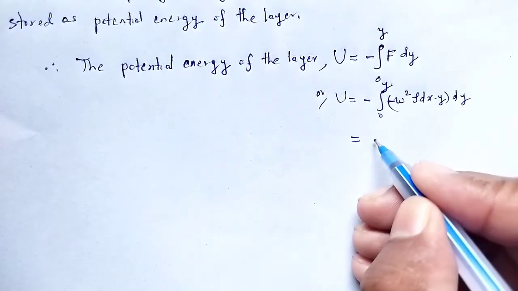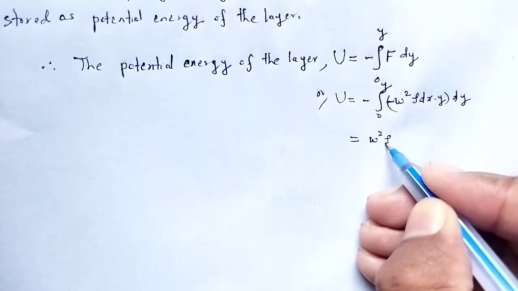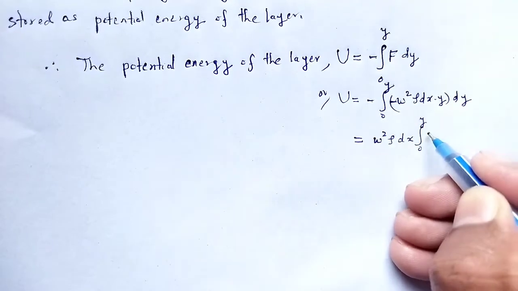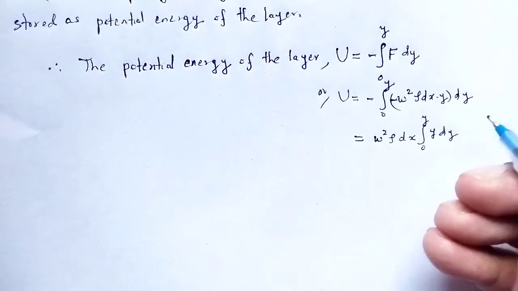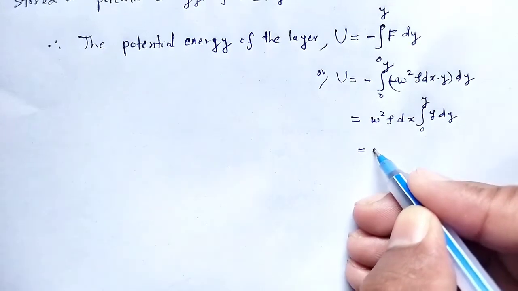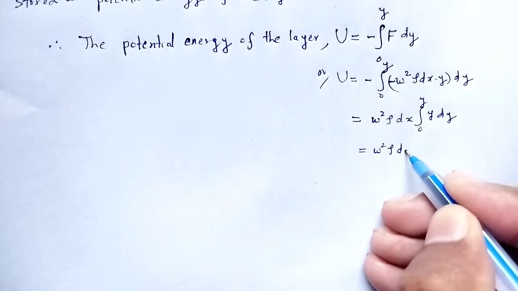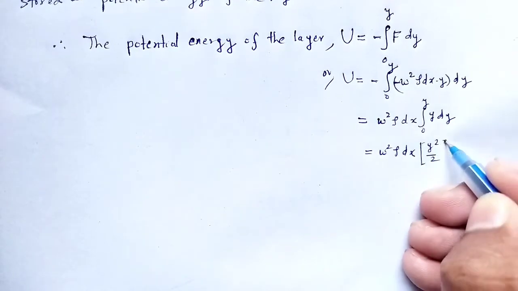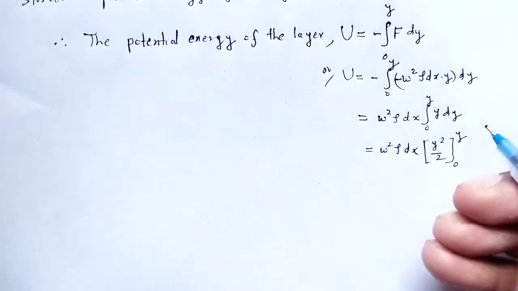The constant minus minus becomes plus, so omega square rho dx goes outside. The integration of y dy is equal to omega square rho dx times y square by 2 from 0 to y.